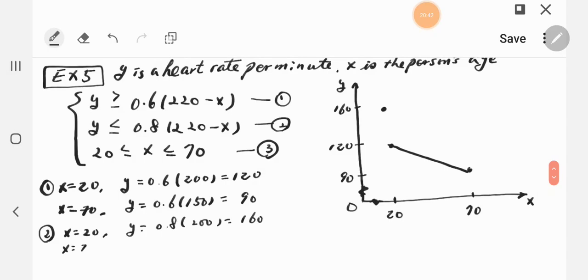If x equals 70, then y equals 0.8 times 150, so 120. It's going to be somewhere over here, and the graph will be like this. Then the area: plug in 0, 0.